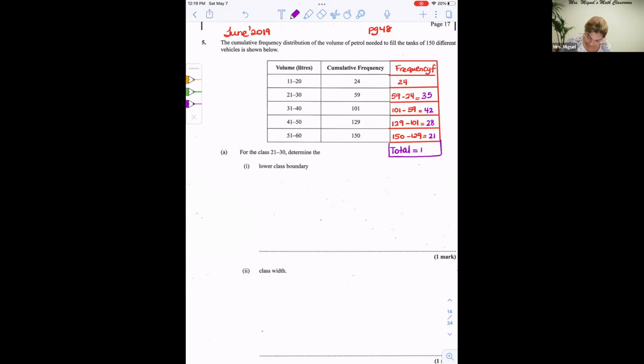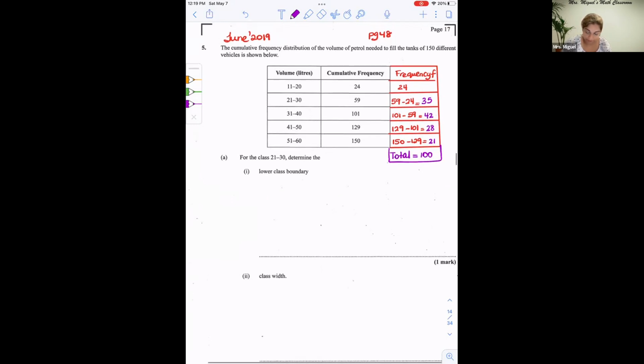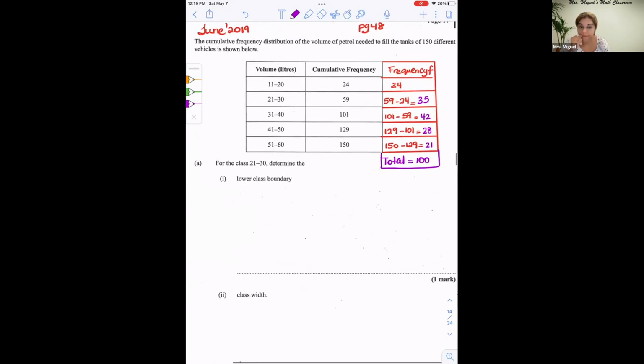Did you all get 100? The sum of these numbers is 100, right?